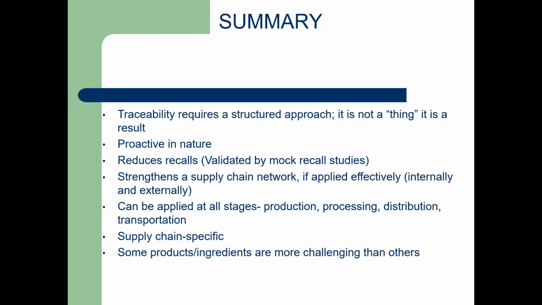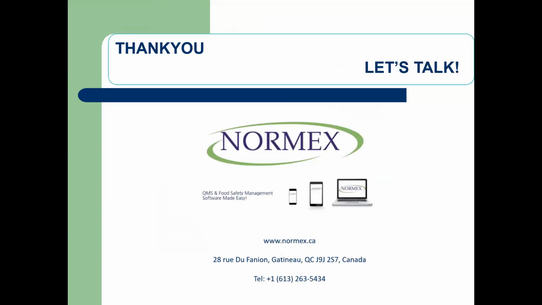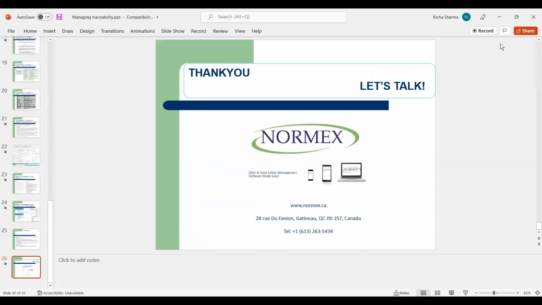Some products and ingredients may be more challenging than others, but there's not a standard traceability program you can apply to any product. You need to customize it based upon your processes. So here I'll stop talking, and if we have time, we can talk about questions and any suggestions anybody may have.